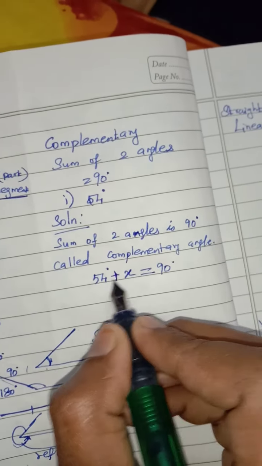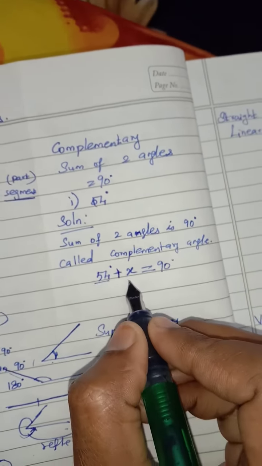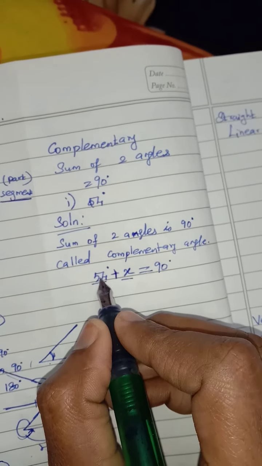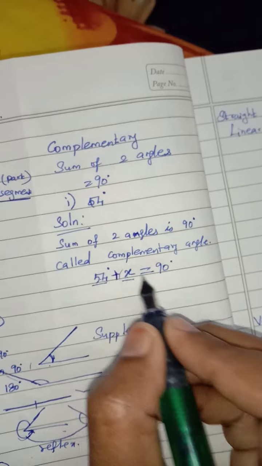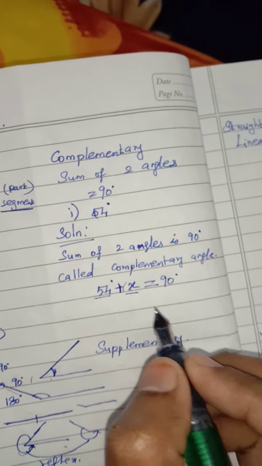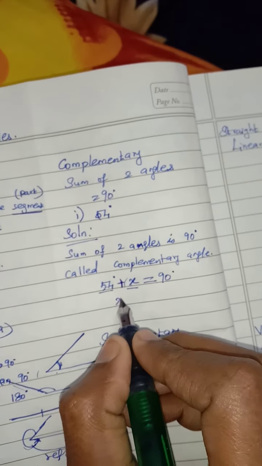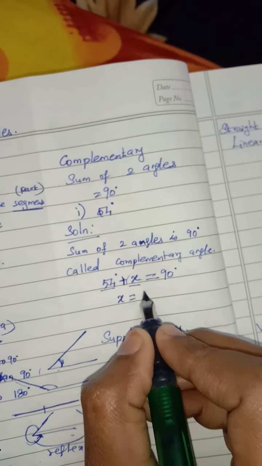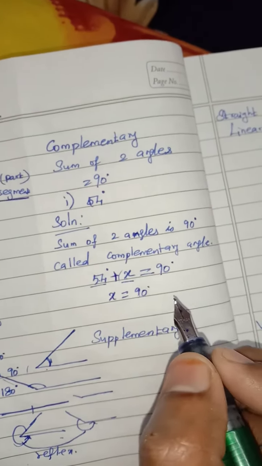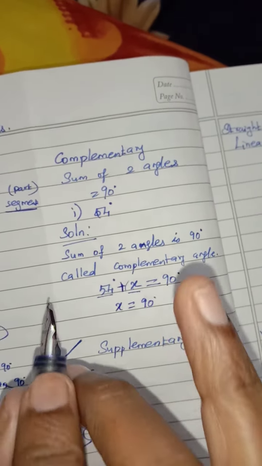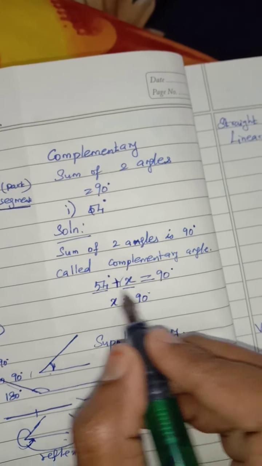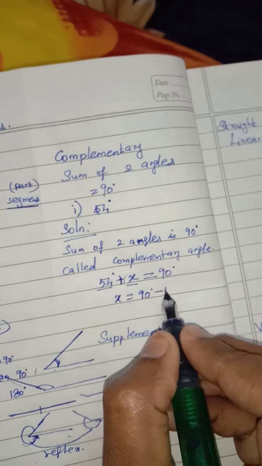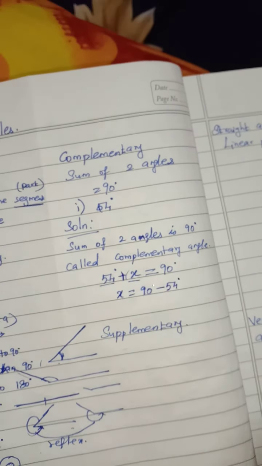So of the two angles, one angle is given as 54, one angle is unknown, and adding both should give 90 degrees. So what will this value be? It's like solving a linear equation. There is no change in x and no change in 54. Want to find the value of x, so keep this as it is. Transpose this 54 to this side. This is plus 54; if you bring it to this side, it becomes minus 54.